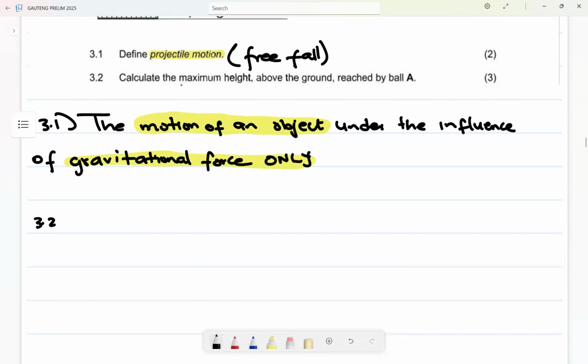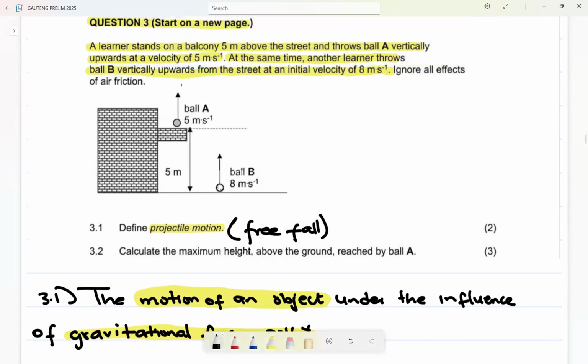3.2, they say calculate the maximum height above the ground reached by ball A. So already ball A is 5 meters above the ground. So they want to know the maximum height reached above the ground.